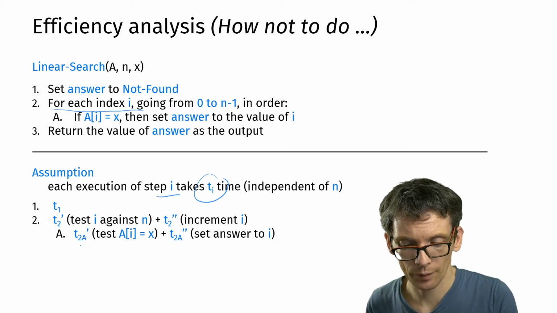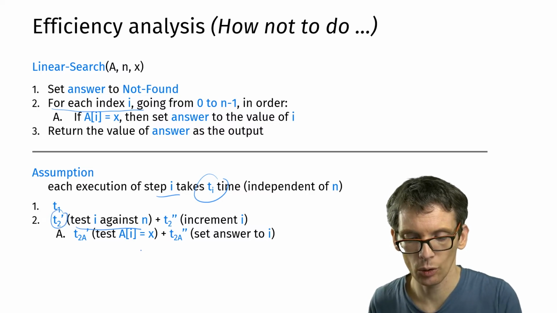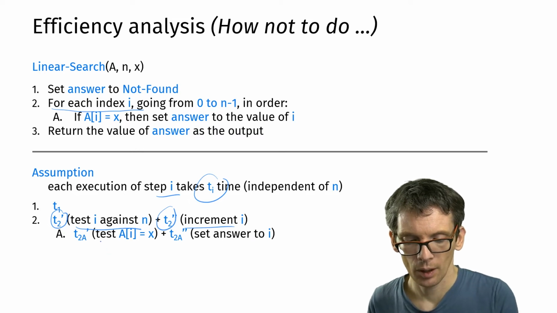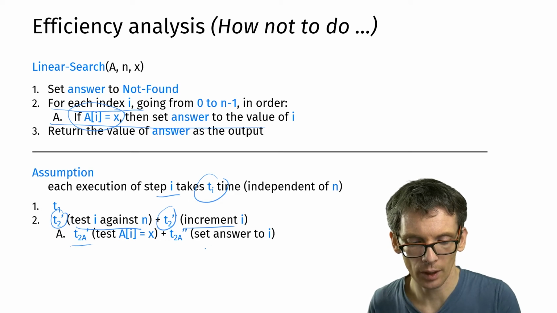So we have a test against n. Let's say it takes t2' time. We're increasing i, that also takes some time. Then in the body of the loop, we're doing this test, which takes some time. And if we have to set the answer, that again takes time.